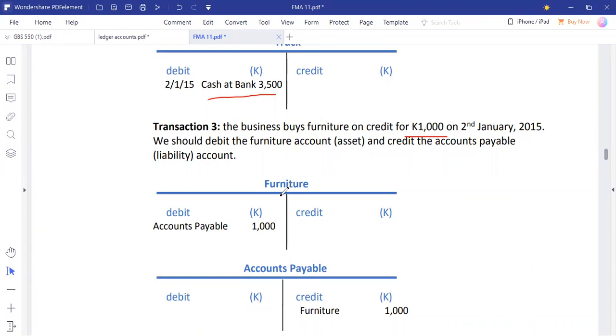So in this asset account, we're going to do what? Debit it. The special term we use for creditors is account payable. If there was a name like John, we would have written John there. So account payable, what is happening? We are going to increase our liabilities. So since liabilities are supposed to be credited to be increased, we're going to put 1,000 there.